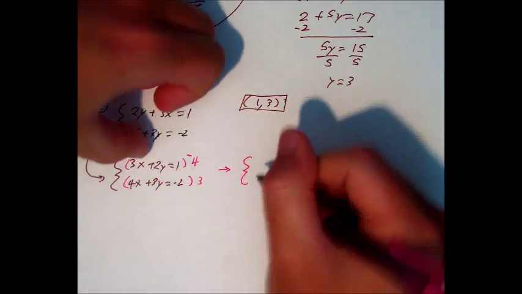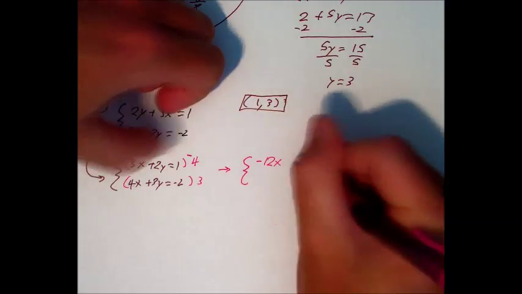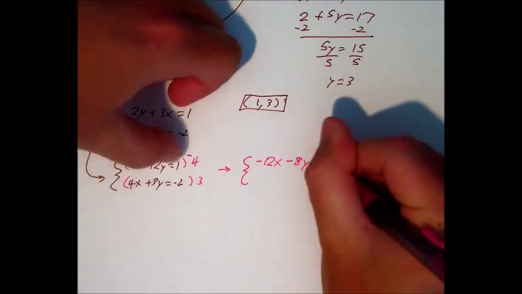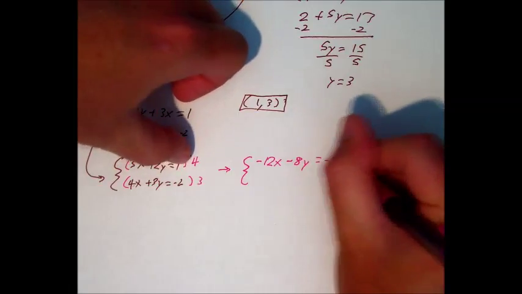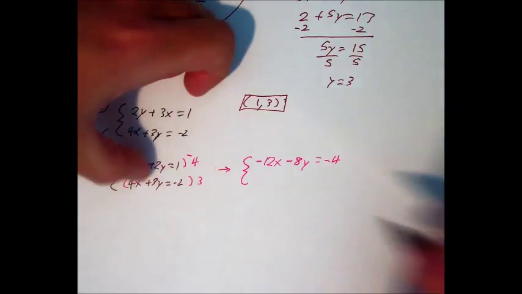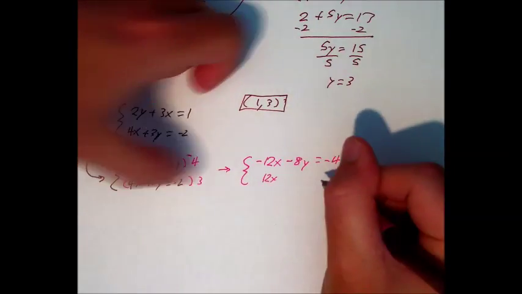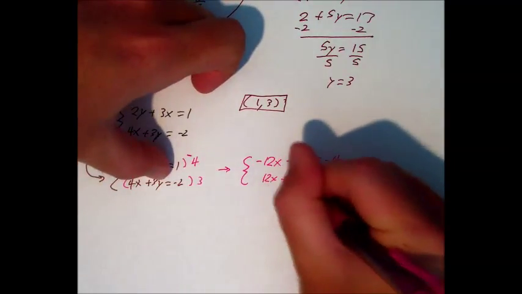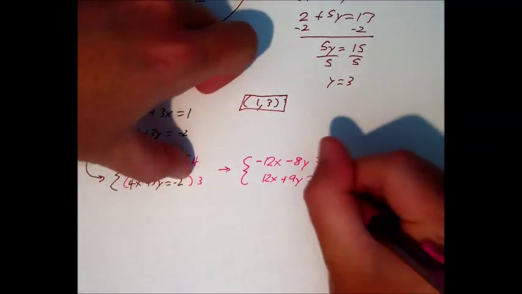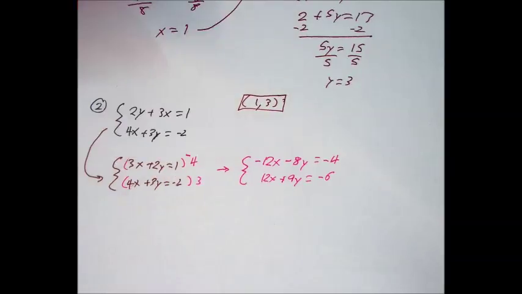So -4 times 3x is a -12x. -4 times a 2y is a -8y equals -4 times 1 is a -4. Second equation, 3 times 4x is 12x. 3 times 3y is a positive 9y equals 3 times -2 is a -6.